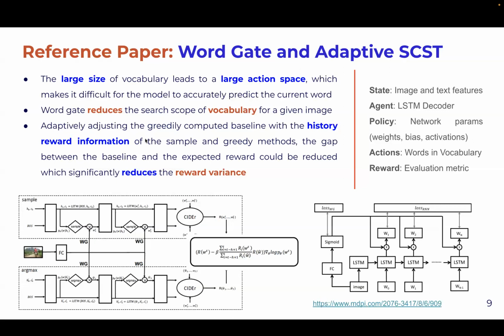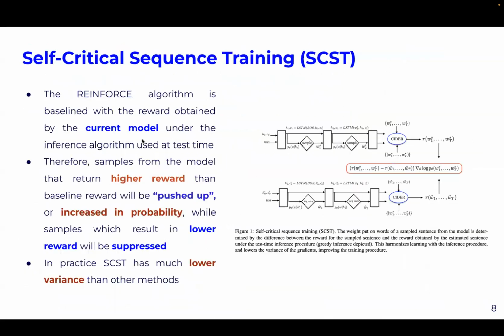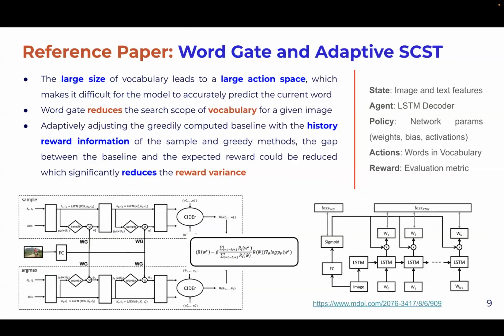When I did the same thing with this SCST algorithm, the metrics got even worse than what I had achieved with supervised learning, because of the high action space. Later, I found one more paper which discussed the disadvantages of using the SCST approach as it is.